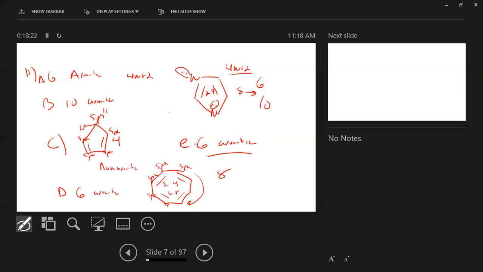Like I said, I'm not the best drawer of this stuff, so it'd almost be nice if I could turn it like this. But see, they're not in the same plane now, so they're not overlapping, but in this case they are overlapping, and that's why this one's going to be anti-aromatic.